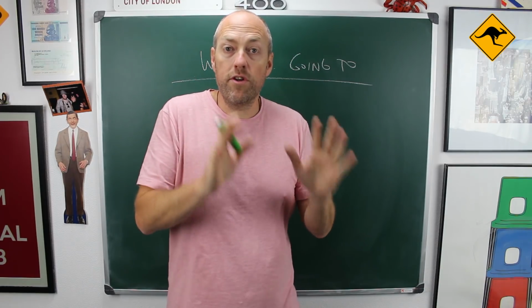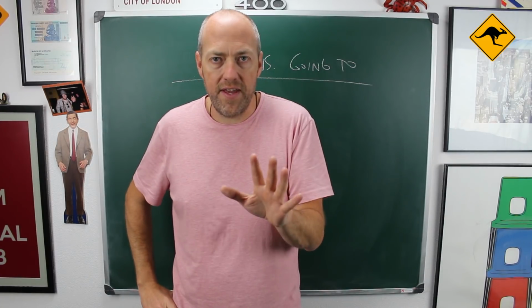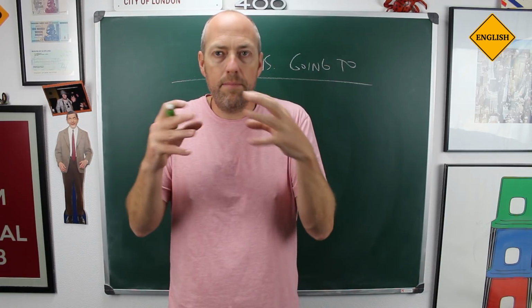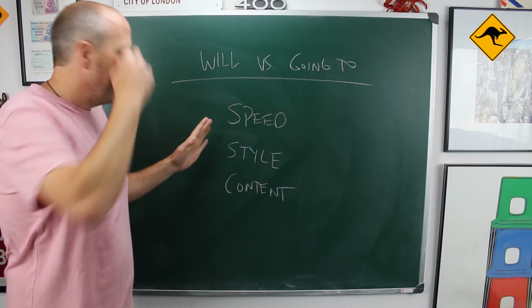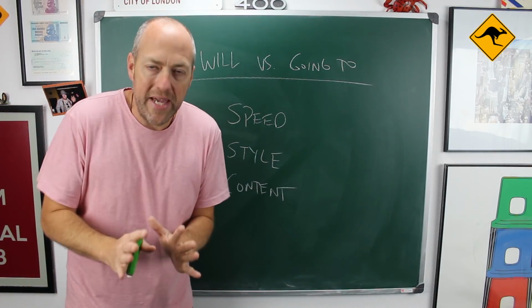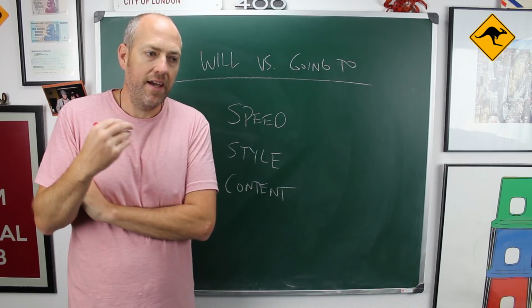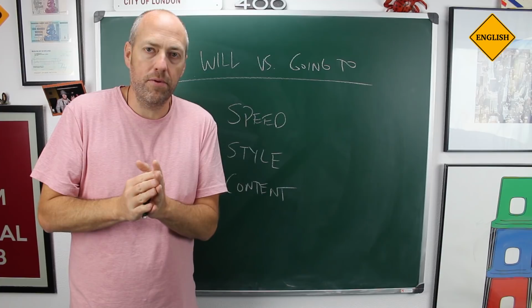Now, language is not just about vocabulary, it's also about other things. So sometimes will and going to can be used interchangeably. Let me explain. Now, there's the question of speed. So when native speakers are speaking, they want to use the language as quickly as possible.